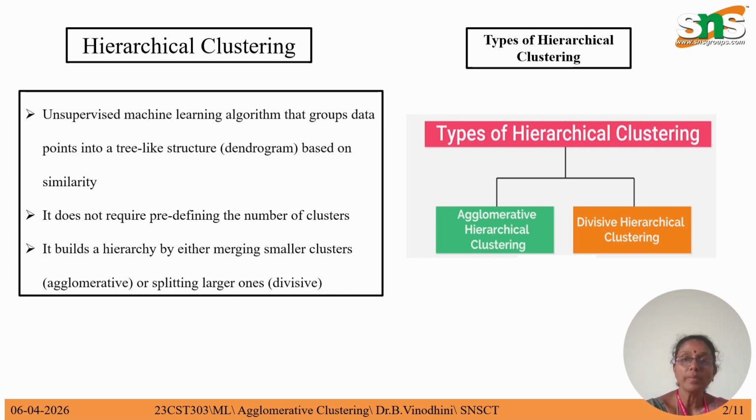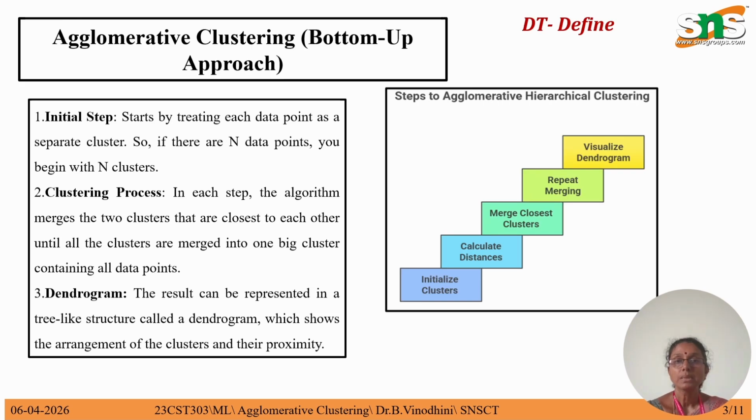The types of hierarchical clustering depend on whether we are merging into one cluster or splitting into smaller clusters: agglomerative and divisive hierarchical clustering. So what does agglomerative mean? The agglomerative approach is a bottom-up approach, and the divisive approach is a top-down approach.